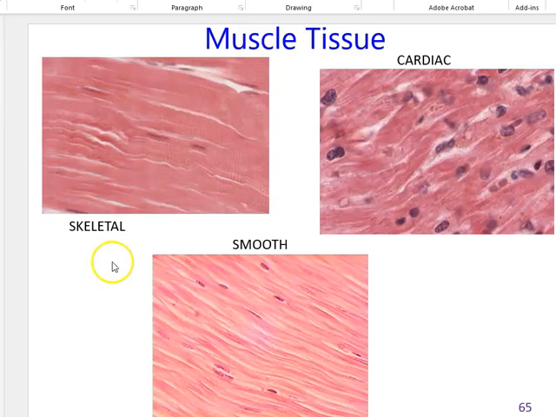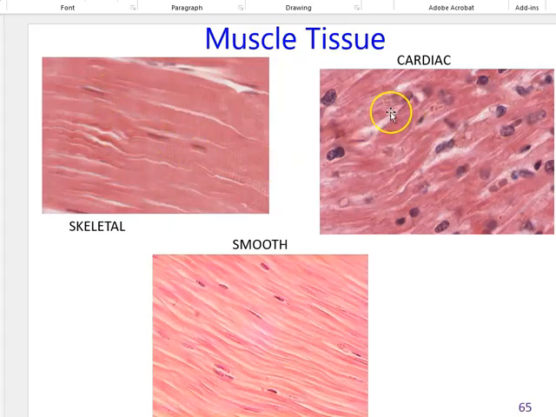So this is histology of the three muscle types, and this might be more what you'd expect to see. If you see the striations, you ask yourself, skeletal or cardiac? If you don't see what looks like branching, and you do see the nuclei kind of on the edges, flattened on the edges of long fibers, then that's skeletal.